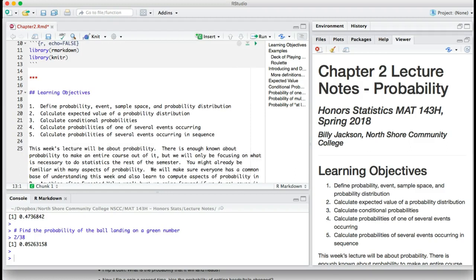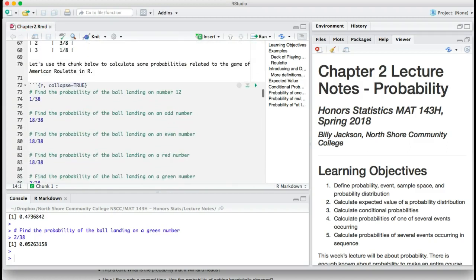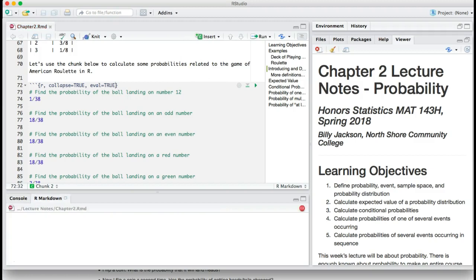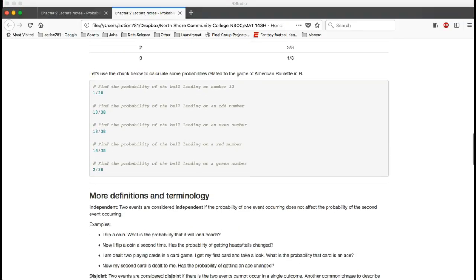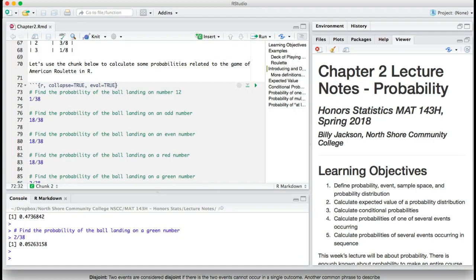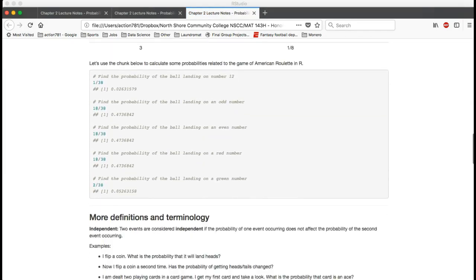Now that should knit just fine, unless there's an issue somewhere else. So let's knit that. Here we go. So now you can see the comment describing the probability, and its corresponding decimal probability.